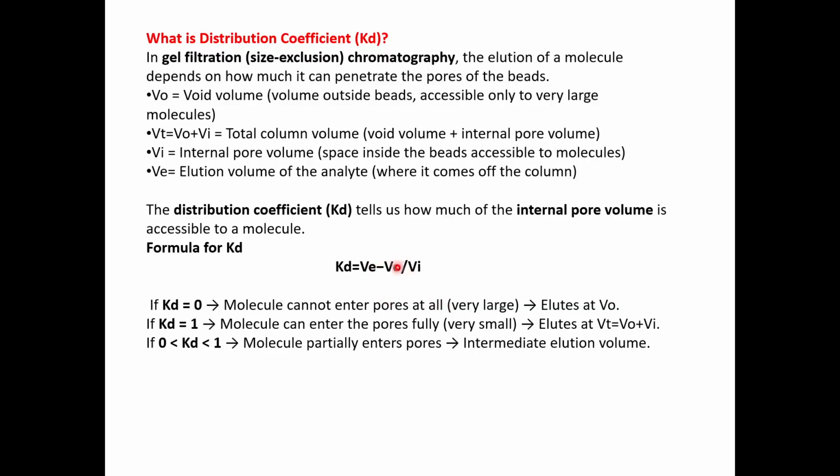Here, your VI is your internal pore volume, your V0 is your void volume, and your VT, that is your total volume, is V0 plus VI. VE is your elution volume. So like we discussed previously, KD could be 0, KD could be 1, KD could be less than 1 and more than 0, and not greater than 1.